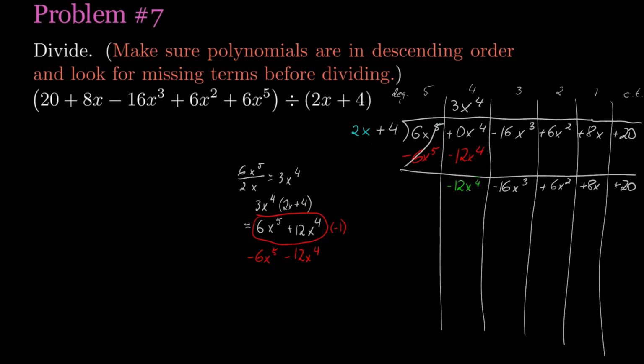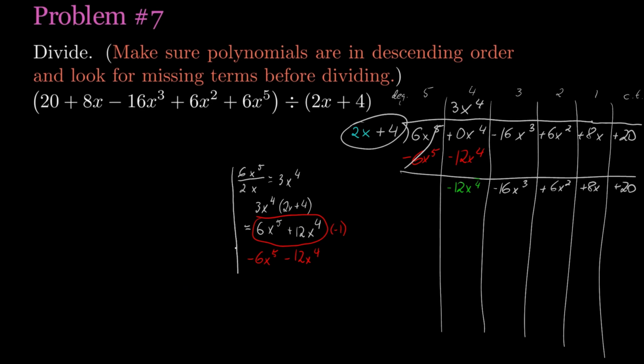Therefore, I need to perform another division step with our result as the new dividend, whose leading term is negative 12x to the fourth, and we divide that by 2x, the leading term of the divisor.